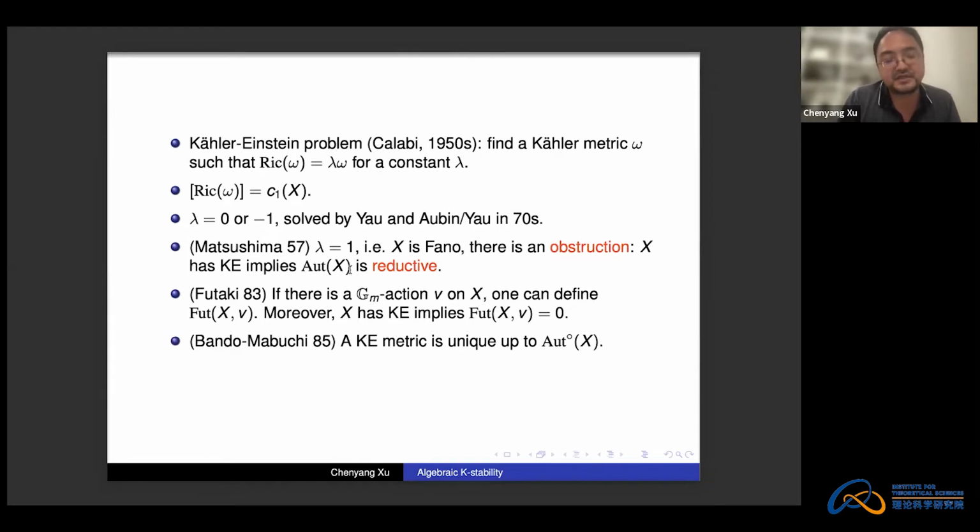You can always rescale this lambda, so it only depends on the sign, which could be positive, negative, or 0.